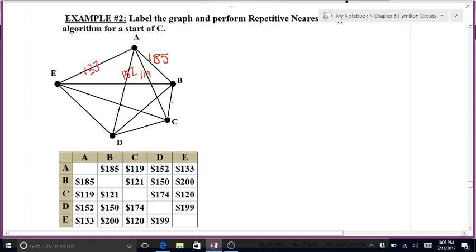B to C had a weight of 121. B to D has a weight of 150. And B to E has a weight of 200.